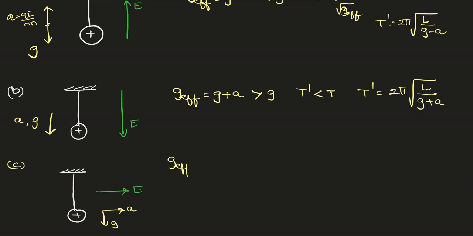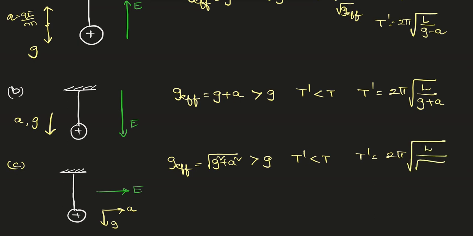So in this case also g effective, which is square root of g square plus a square, is greater than g, so that T dash will be less than T. So T dash will be 2 pi square root of L by square root of (g square plus a square).